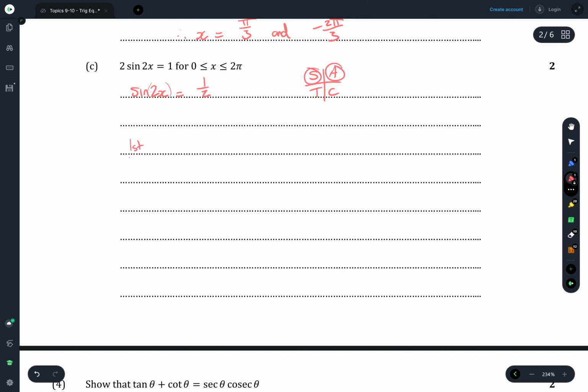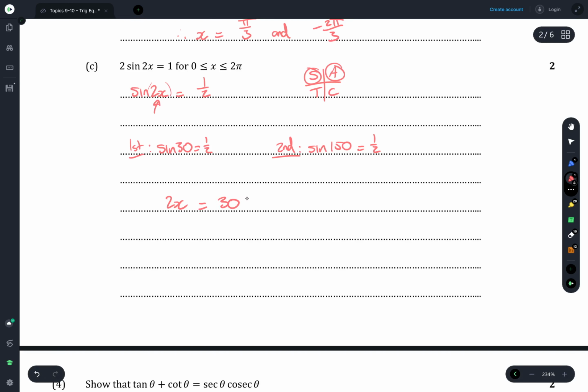So the first solution is sine 30 equals a half, and in the second quadrant, sine 150 equals a half. So we can say that 2x equals 30 degrees and 150 degrees, because remember we're solving for 2x, not for x.